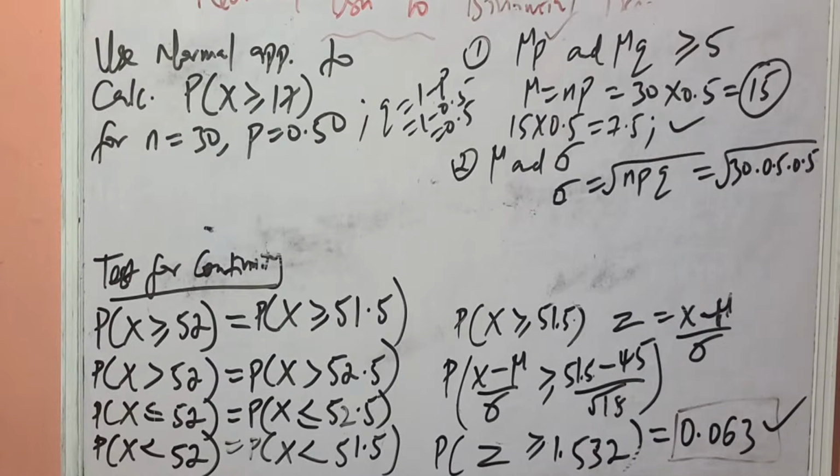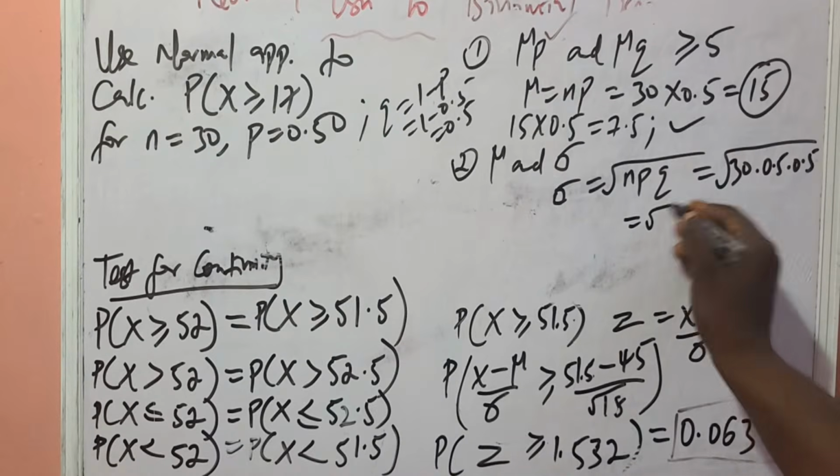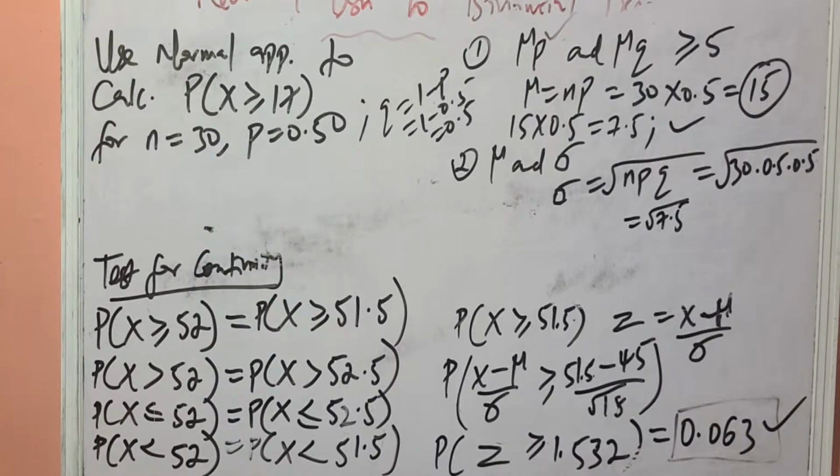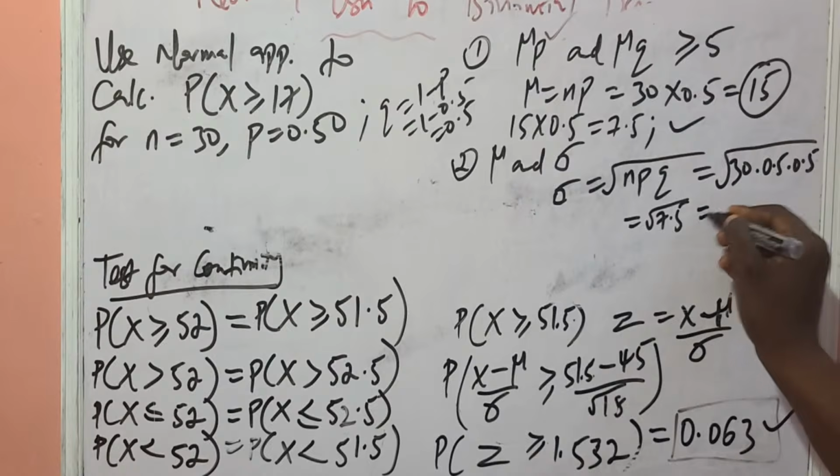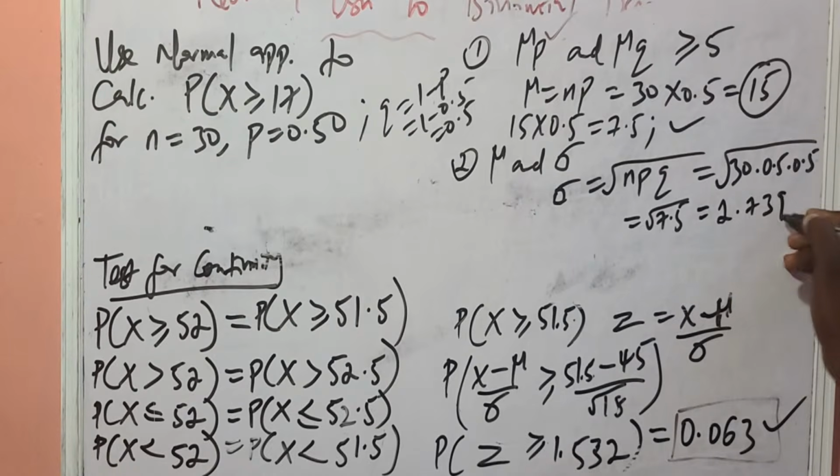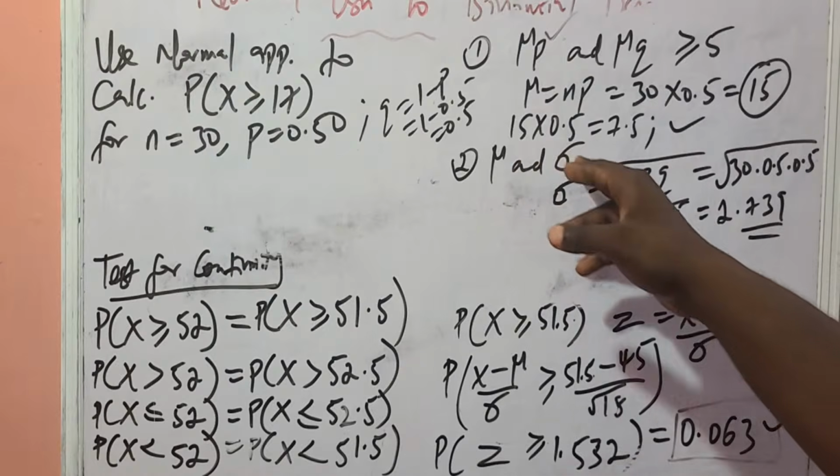If you do this, that will be the square root of 7.5, and we have that to be 2.739. Okay, good. So we have found our mean and our standard deviation.